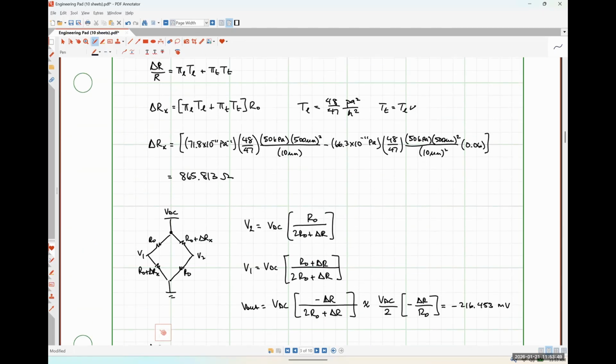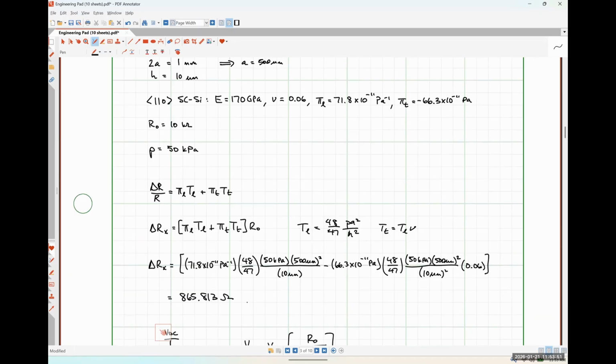Okay. So how do you think the equation that we got for delta R sub X is going to change to give us delta R sub Y, based on the position of those piezo resistors and how they're oriented?